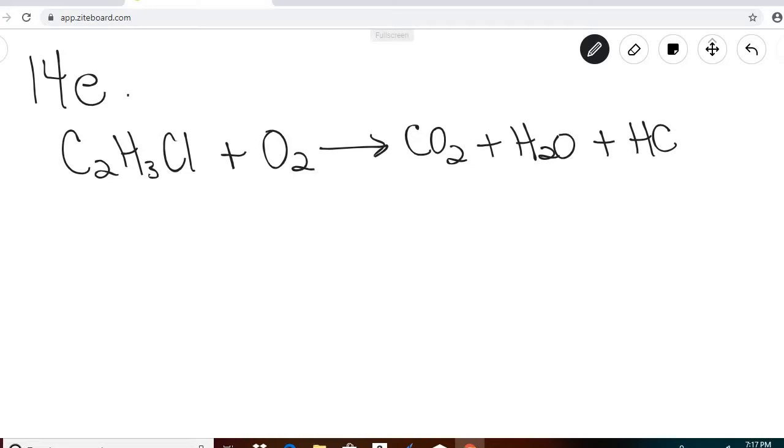Okay, so in class we didn't look at combustion reactions like this, but it is a combustion reaction because you add oxygen and you end up with water and CO2, and then this is hydrochloric acid. So as long as you add oxygen and end up with carbon dioxide and water, it's a complete combustion reaction.